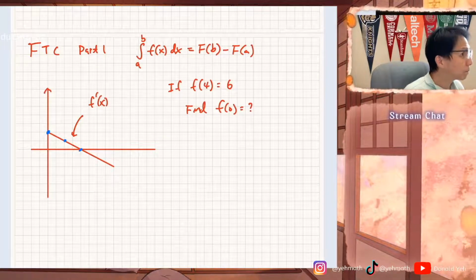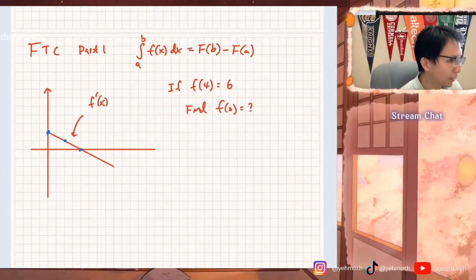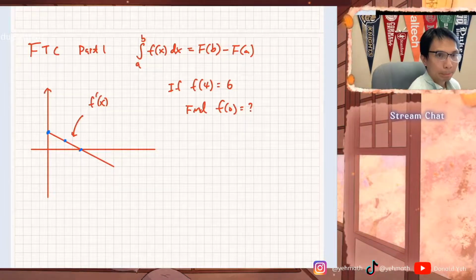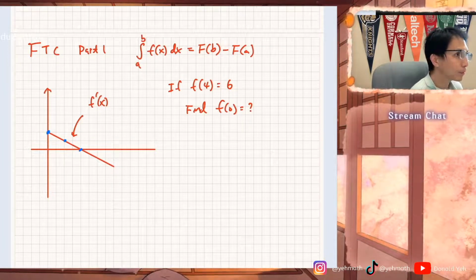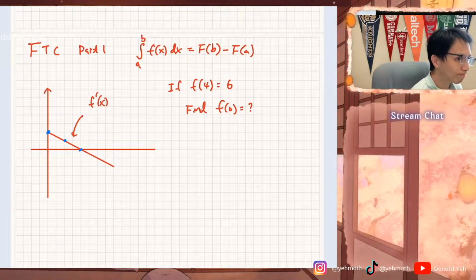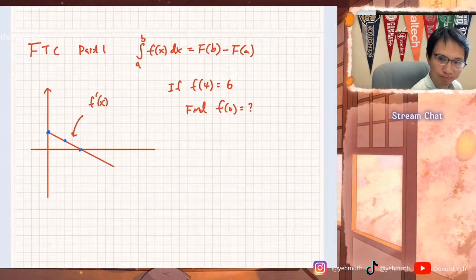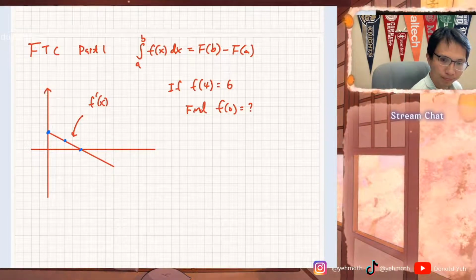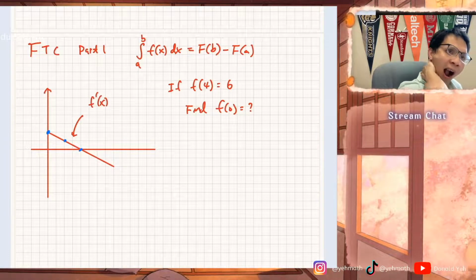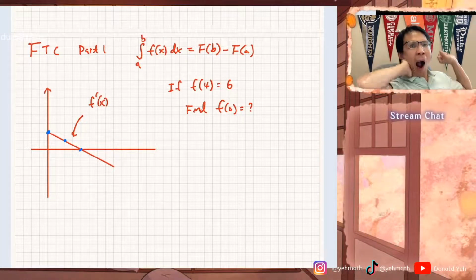Do you have to find the equation of the derivative? You figure it out. The slope is 2, so it's 1/2 x plus 2. 4 plus 2 is 6.